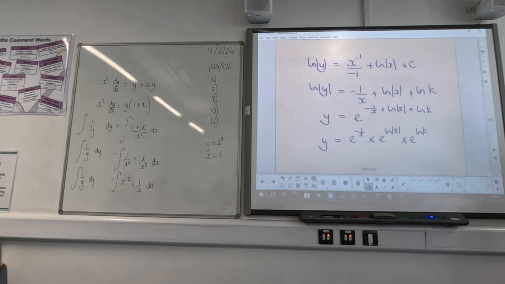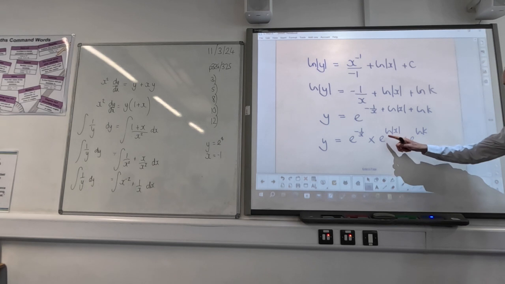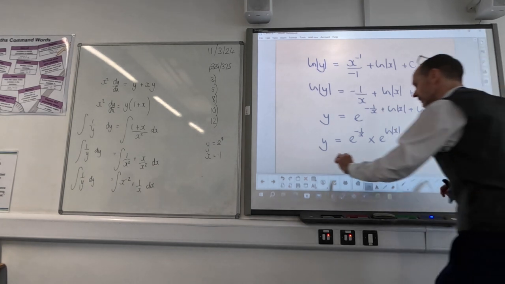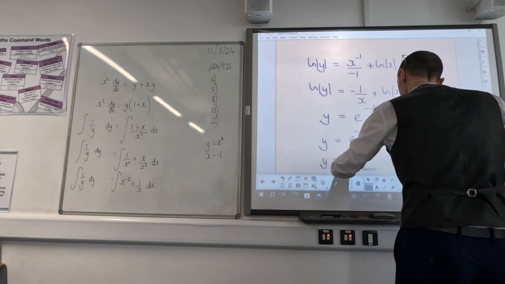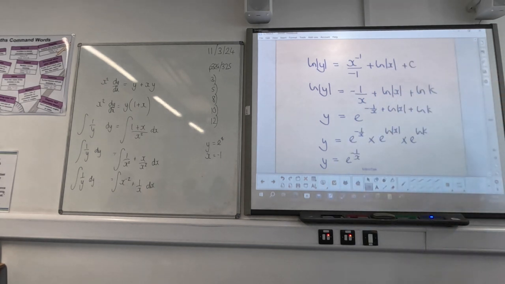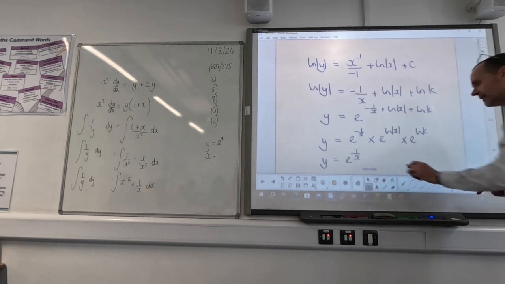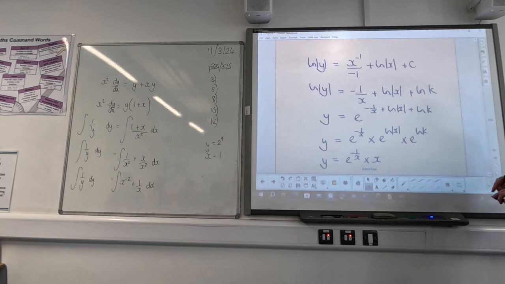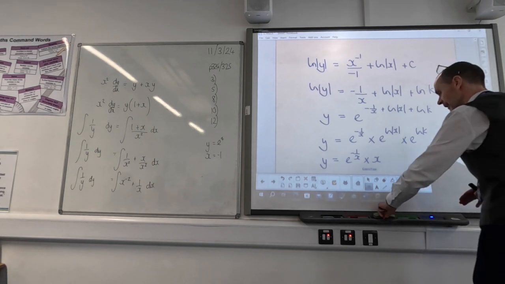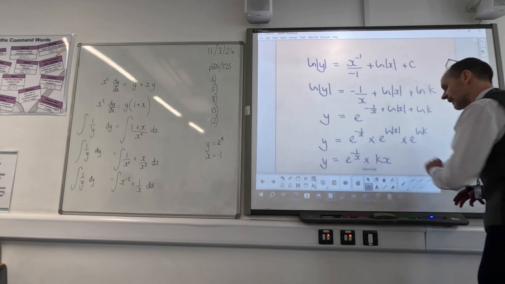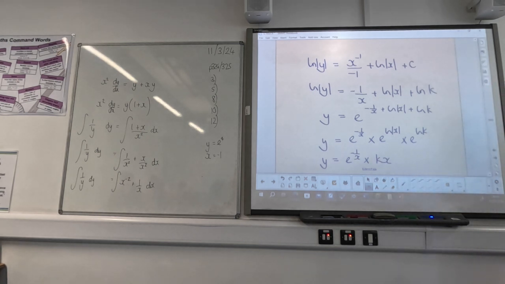Now, why have I bothered doing that? Well, e and ln are inverse operations. So e to the ln of x is x, and e to the ln of k is just k. So I end up with this, where k is my constant.